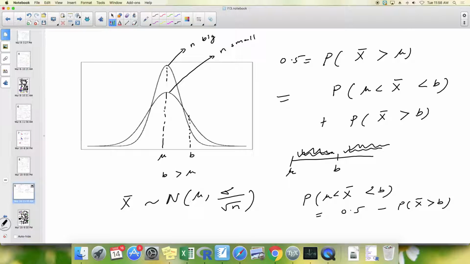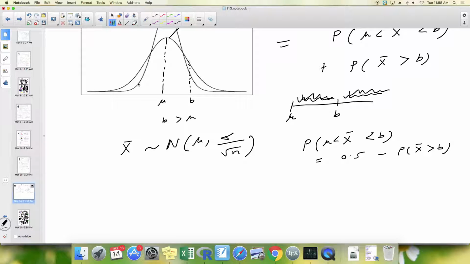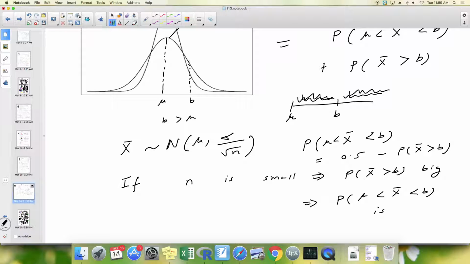Now everything's clear. So now let's just follow the logic. If n is small, then probability x bar bigger than b is big, which means 0.5 minus probability x bar bigger than b, it's this guy, is small.